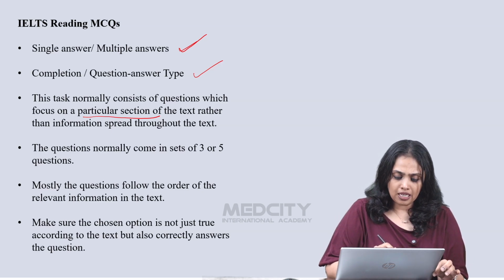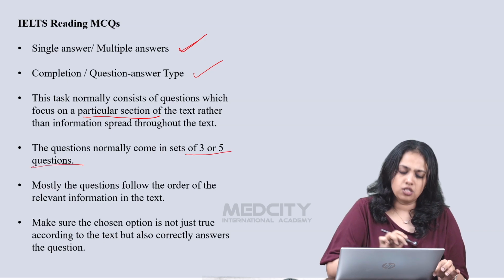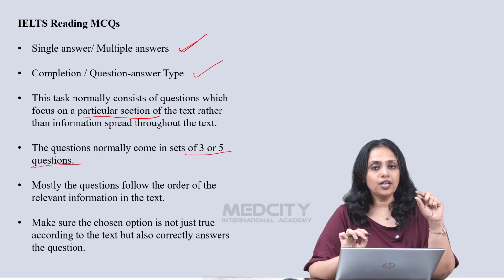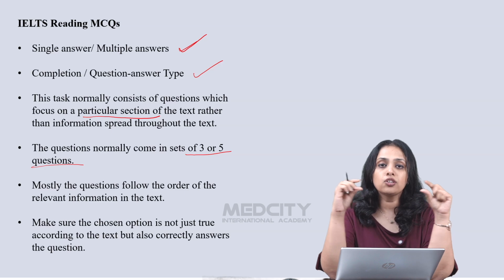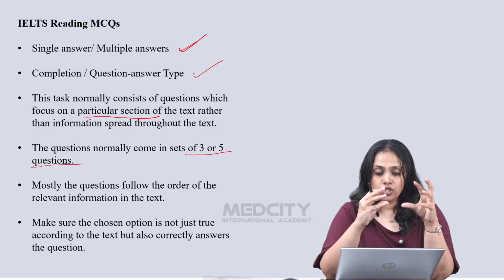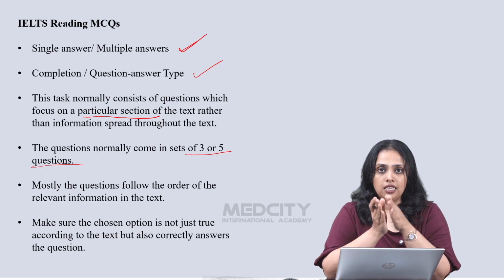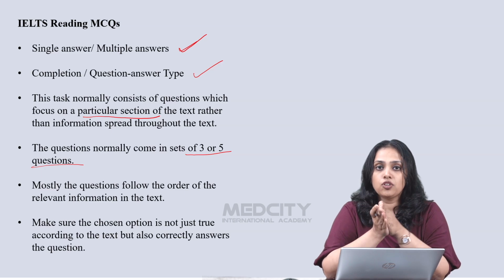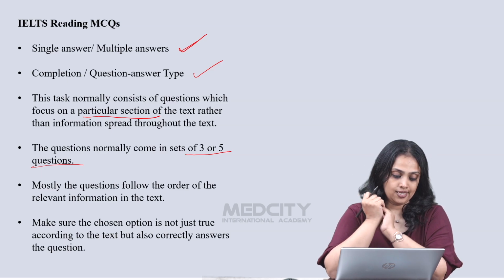Then the questions normally come in sets of 3 or 5. You'll not have just one isolated MCQ. Usually MCQs appear in a set of 3 questions or a set of 5 questions.